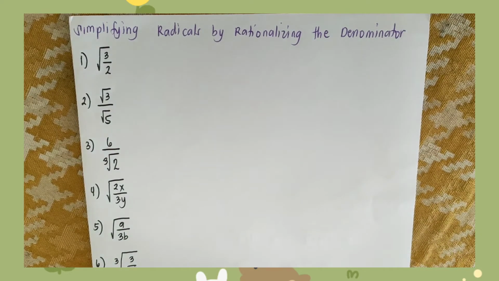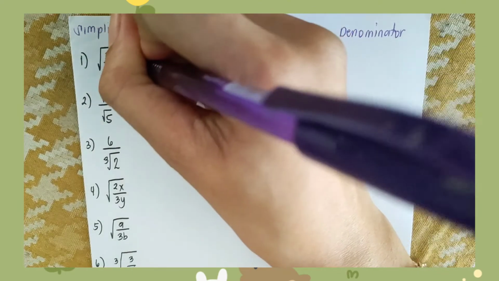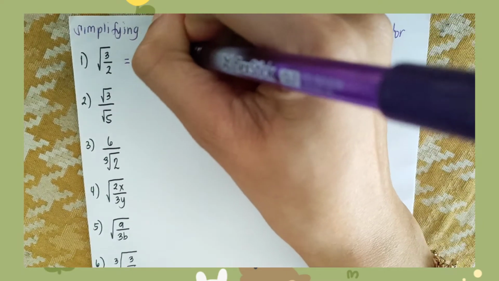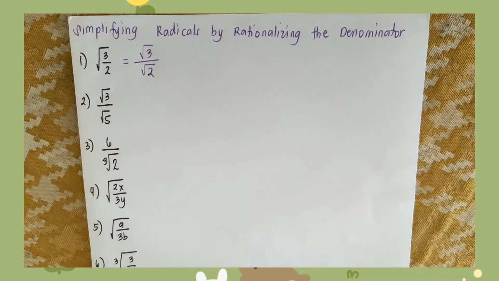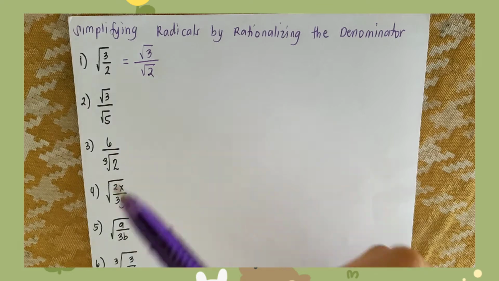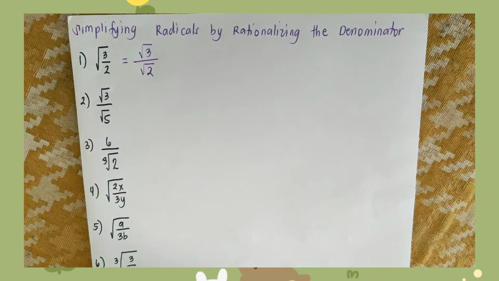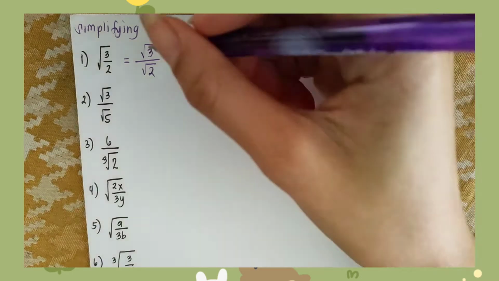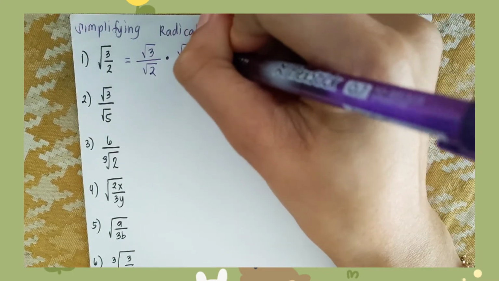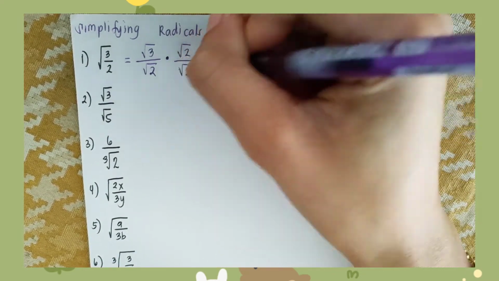Number 1, the square root of 3 all over 2. This is also the same with the square root of 3 all over the square root of 2. And we know that the denominator should not contain a radical. So we need to rationalize this one by multiplying square root of 2 all over square root of 2.